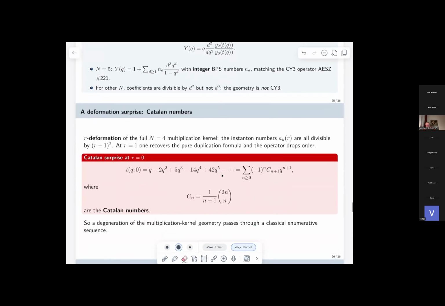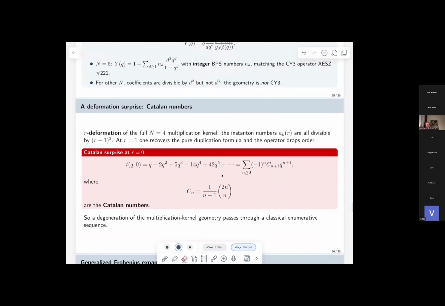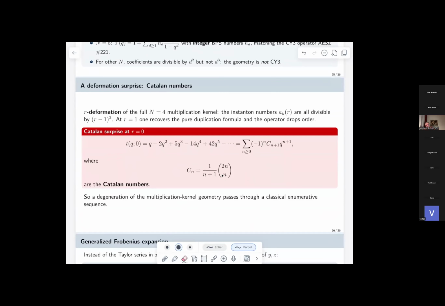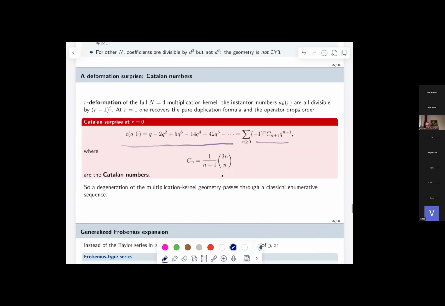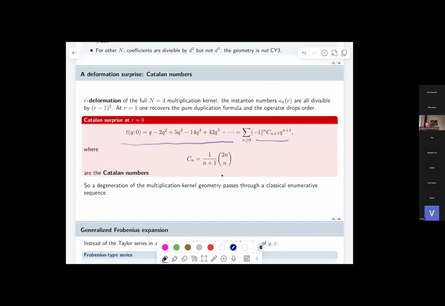For some deformation parameter, I obtained many interesting new integer sequences which are unknown in the OEIS. But if you take the initial parameter, you obtain the Catalan sequence. And it is a very nice and surprising answer. So this multiplication kernel geometry gives you a classical enumerative sequence. This was, I think, very nice.